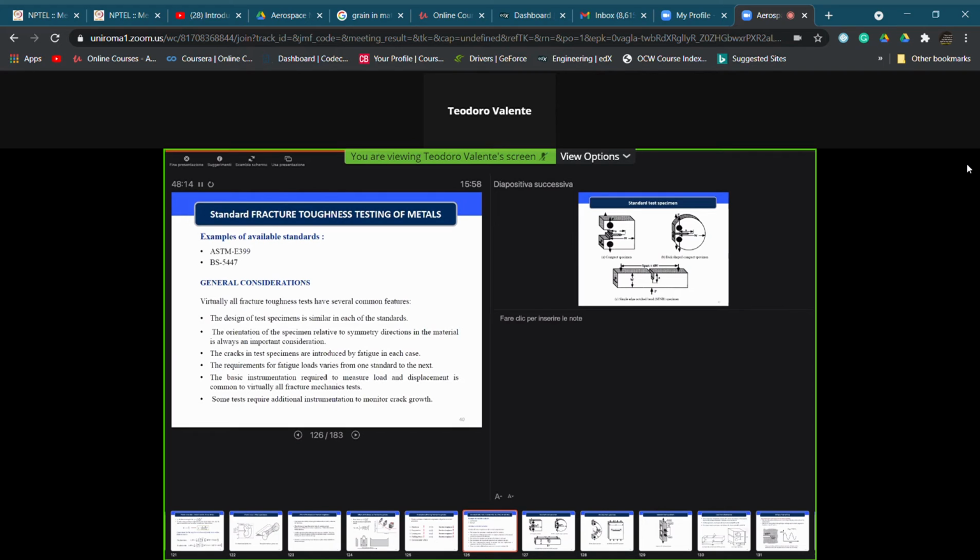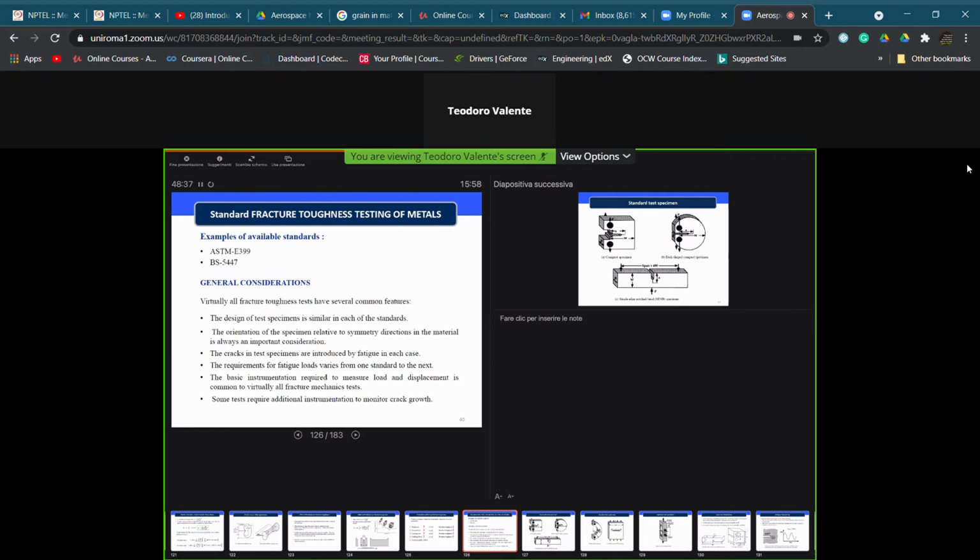And we have standards which tell us how we need to make our lab testing in order to measure and then calculate the value of the fracture toughness of the materials in which we are interested.